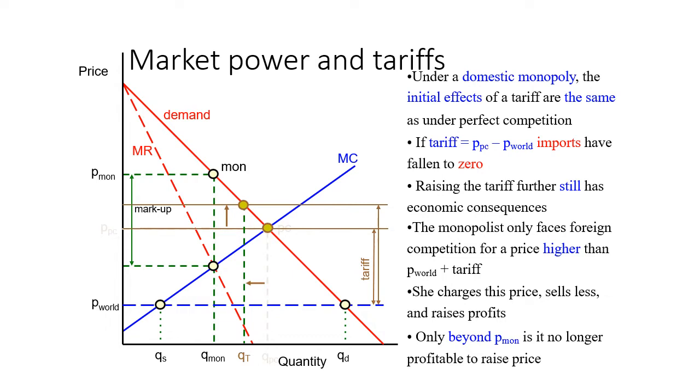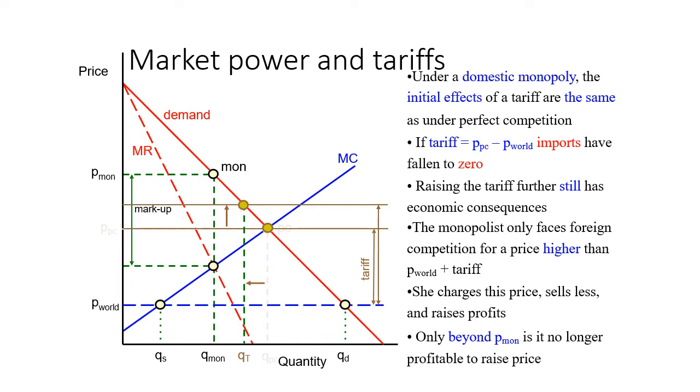Unfortunately, the scenario differs. If there's a monopoly, meaning there's one firm in your country, when you put in place any tariff that when added to the world price exceeds the perfect competition, then you give all the power back to this monopoly. They can now charge that higher price.